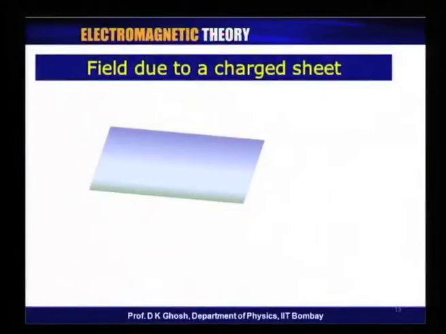Now, let me take yet another example. Let me take the example of a charged sheet, an infinite sheet containing charge, which I will take to be positive charge. So, this is a sheet which is positively charged. I am interested in calculating what is the field.